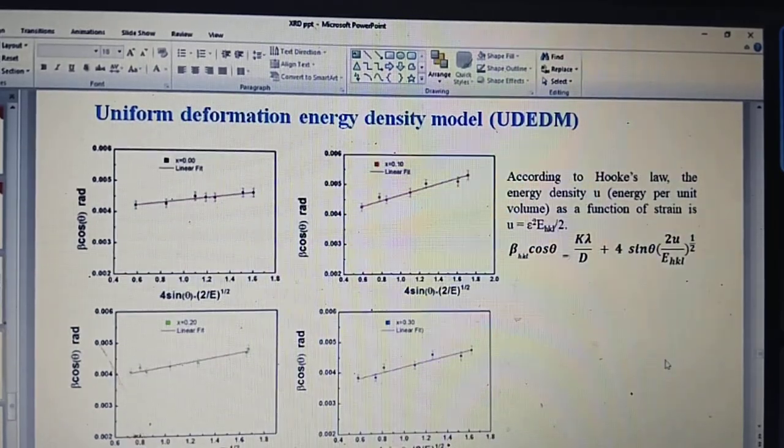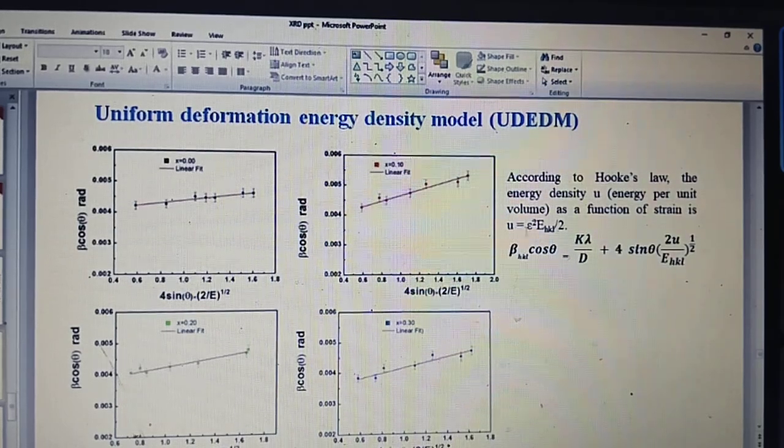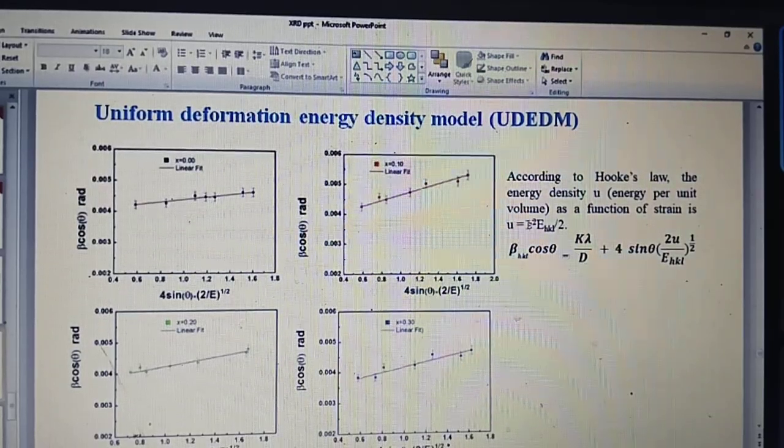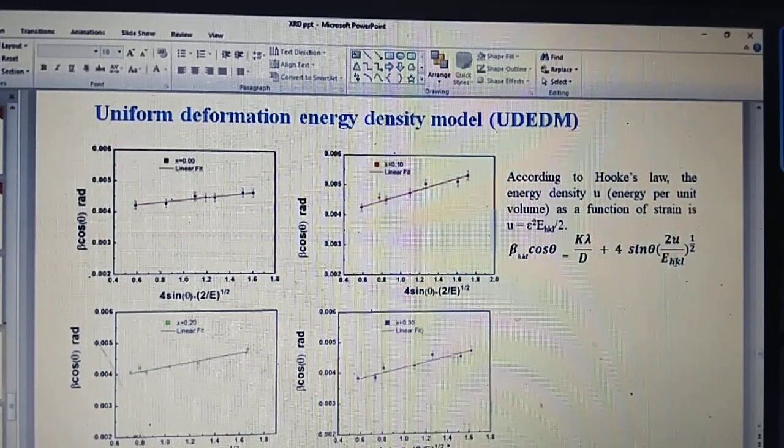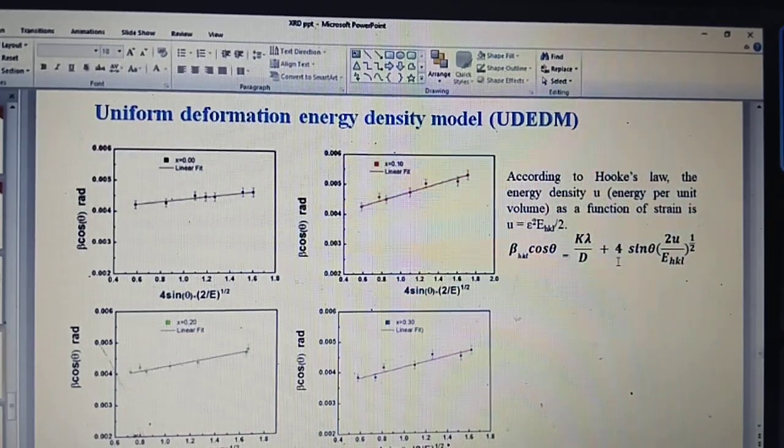The other thing you can find is the energy density. Energy density is written as a function of strain: epsilon square E upon 2, or 1 by 2 E square, strain square upon E. So if you substitute this value in the same relation, beta cos theta equals k lambda upon d plus, only changes will be there.